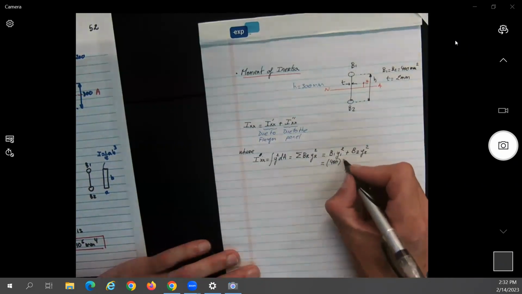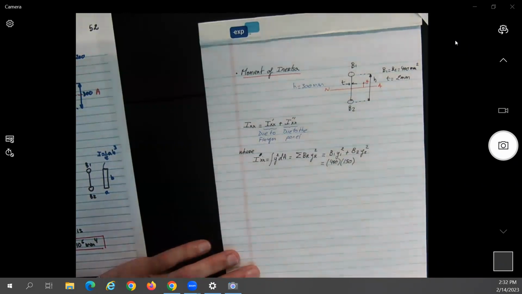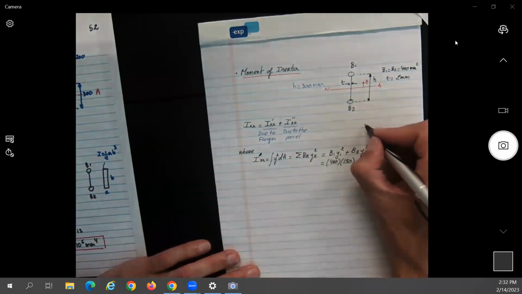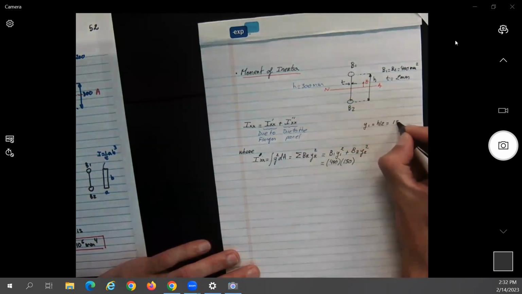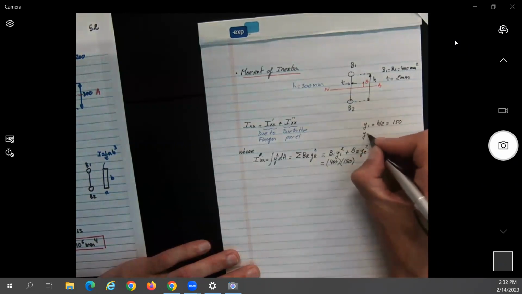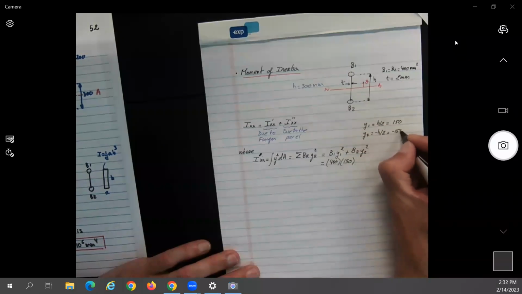So how much would that be? Half of h, which will be 150. So y sub 1 is h divided by 2, 150, and y sub 2 is minus h divided by 2, minus 150.